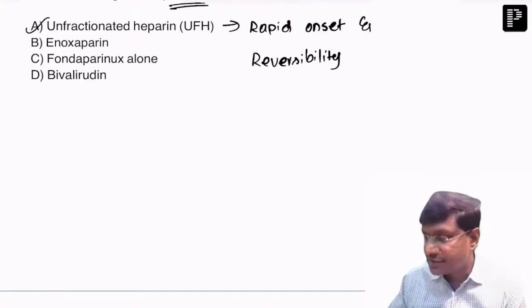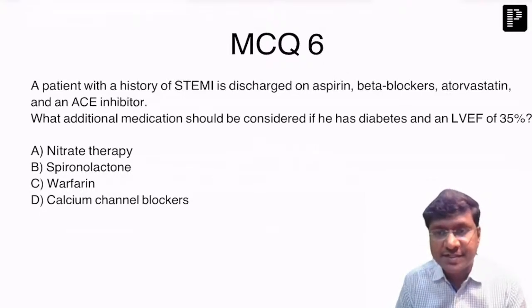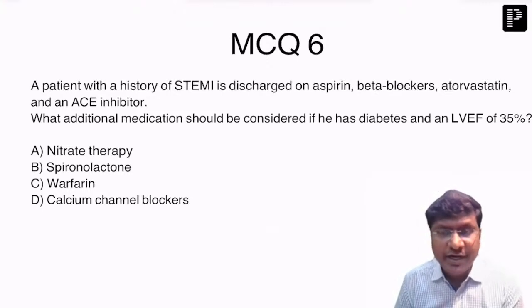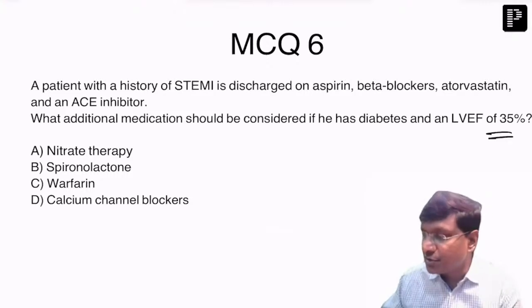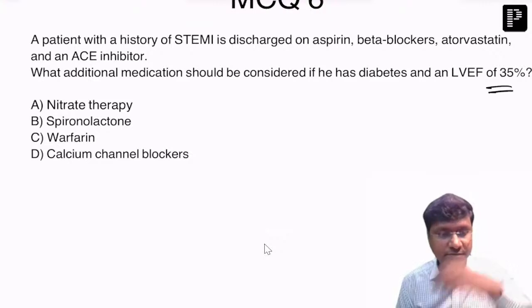Right, next. A patient with a history of STEMI is discharged on aspirin, beta blocker, atorvastatin, and an ACE inhibitor. What additional medication should be considered if he had diabetes and an ejection fraction of 35%?